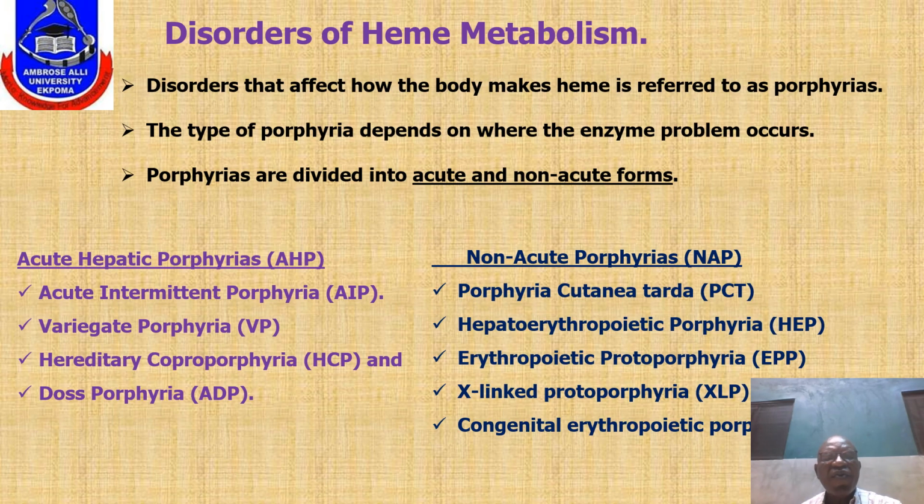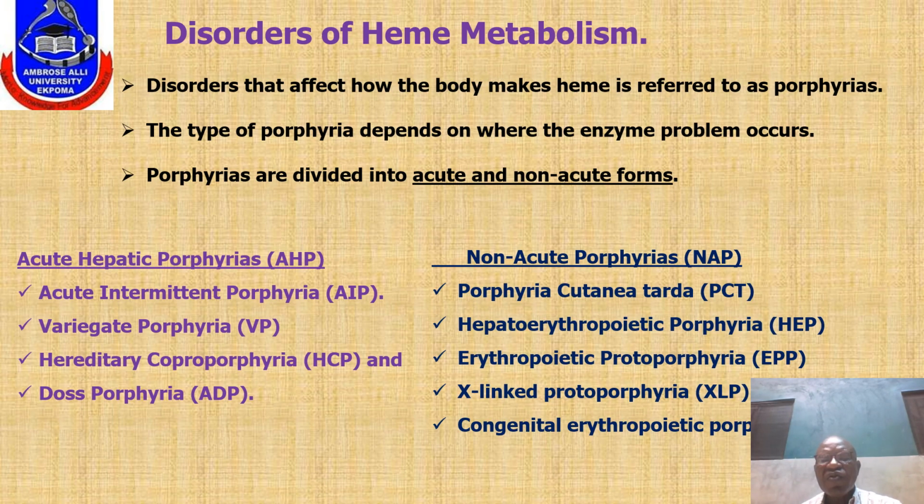Porphyrias are divided into acute and non-acute forms. In acute porphyrias, you have acute intermittent porphyria, variegate porphyria, hereditary coproporphyria, and ALA dehydratase deficiency porphyria.